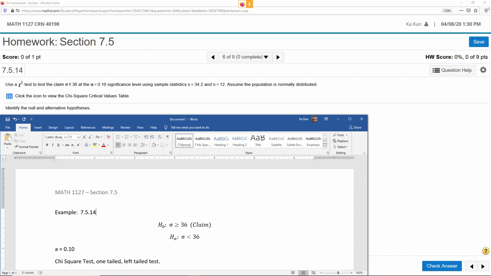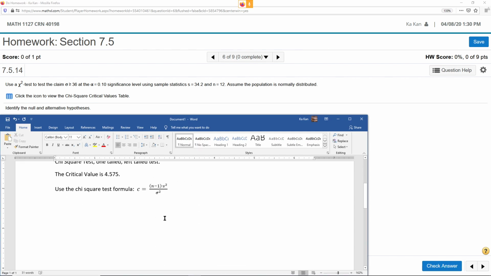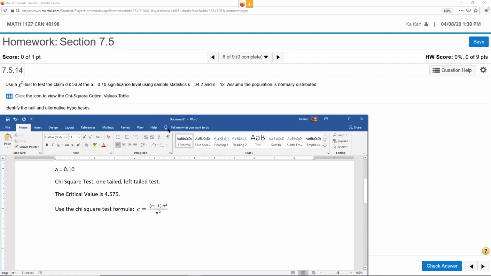All right. So now let's go back down here. What do we know? Based on this problem, the sample statistics given to us are: s equals 34.2, that's the sample standard deviation, and n equals 12, that's the sample size.